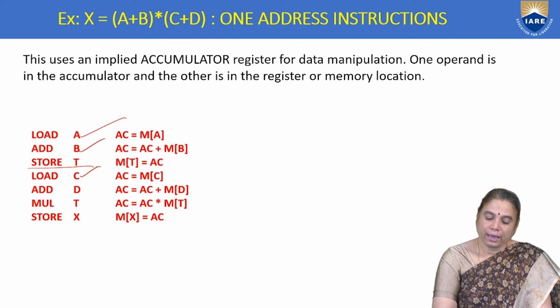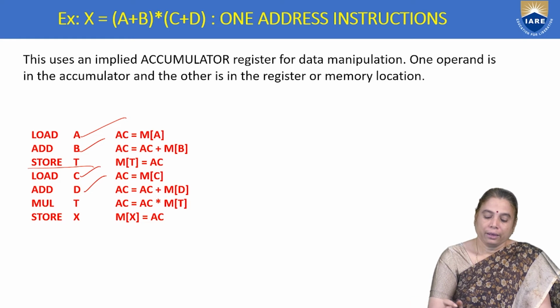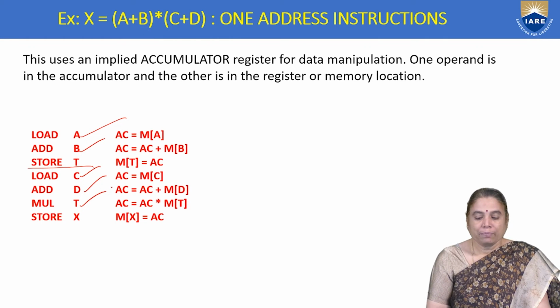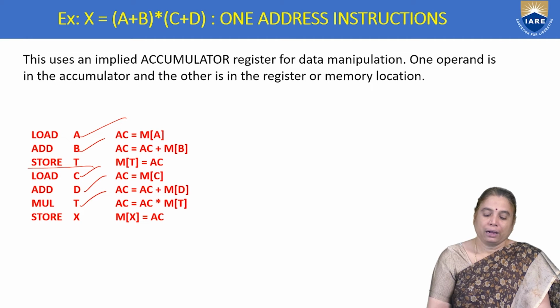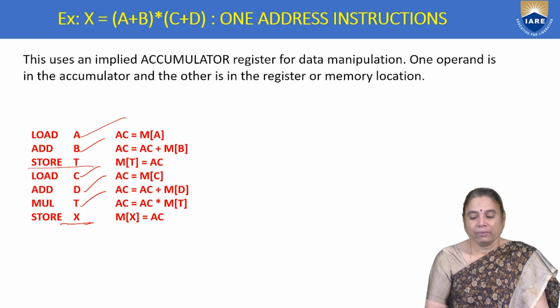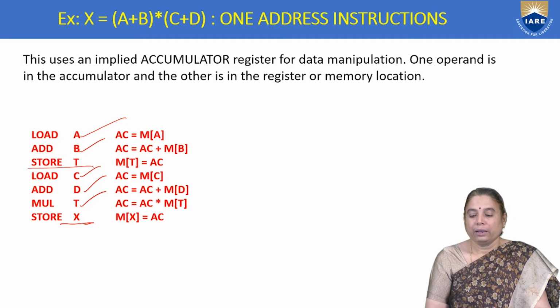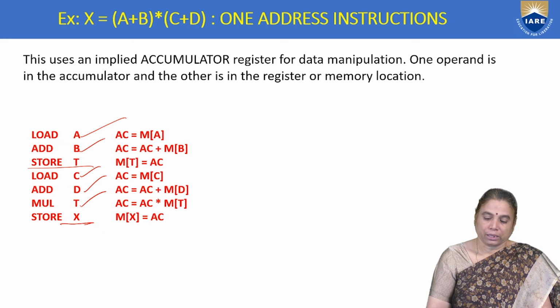Next, load C, add D. Similarly, C plus D is computed, and this value is multiplied with T, so that A plus B multiplied by C plus D is computed, and the result is stored at the X location. This is the sequence of evaluation of the expression X equal to A plus B into C plus D in one address instructions.